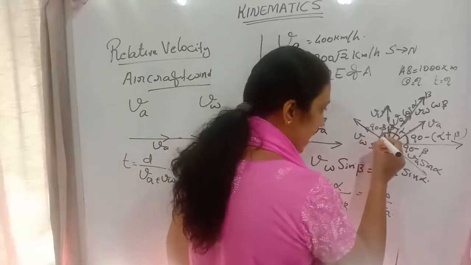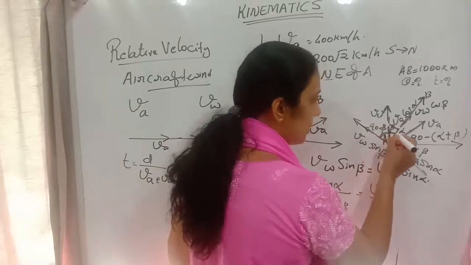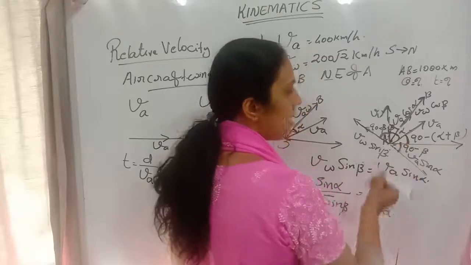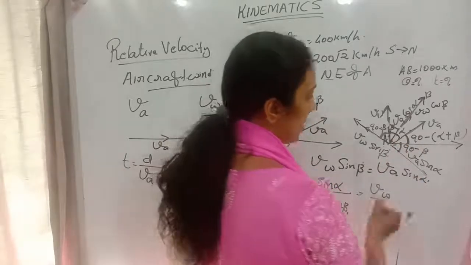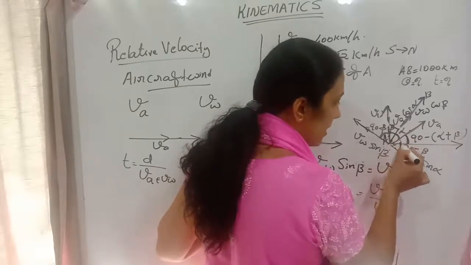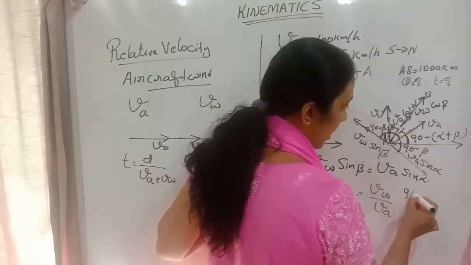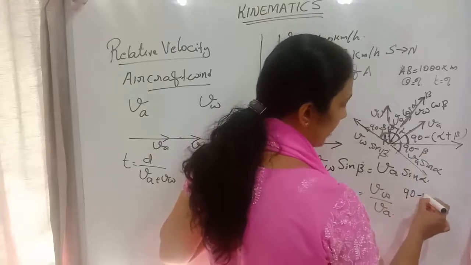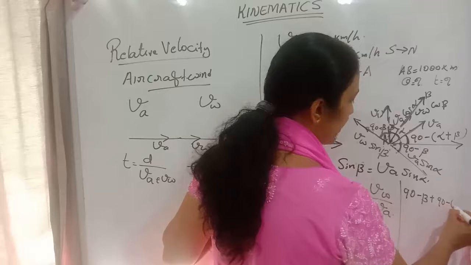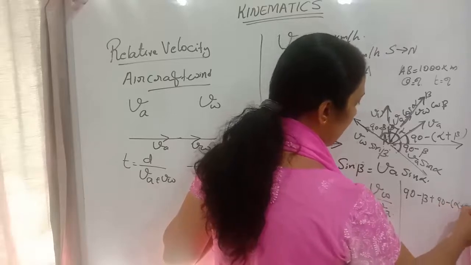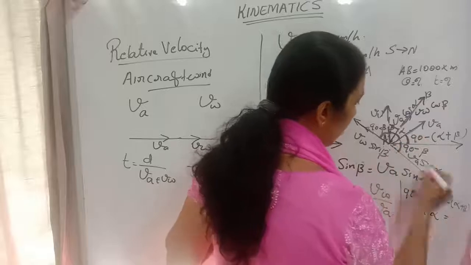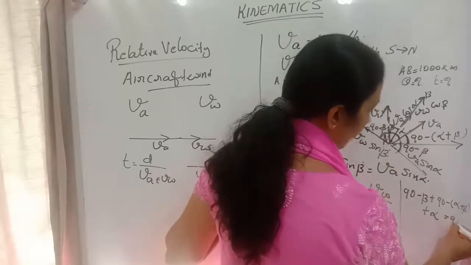Now from these equations, how can we find out? This value is 90 minus beta, this is alpha, this is 90 minus alpha plus beta. For that, I am going to consider this 90 degree. 90 minus beta plus 90 minus of alpha plus beta plus alpha will be equal to 90 degree.